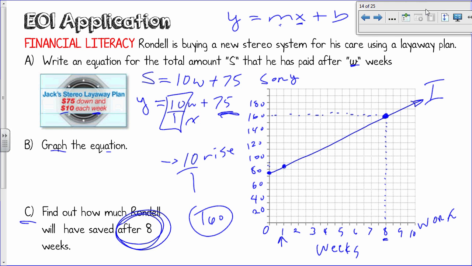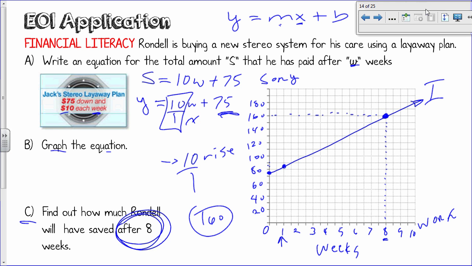You may want to write this down. Linear relation. So now, what's my equation here? Y equals what? 10x plus 75, or I could say S equals 10W plus 75.